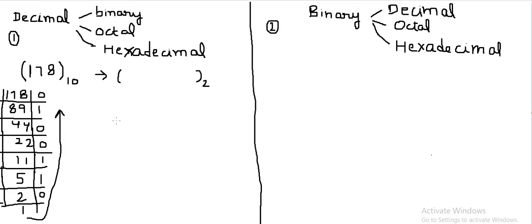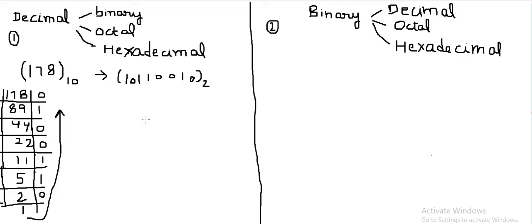So first is 1, then 0 1 1 0 0 1 0. In that way we got this number as a binary number, and this 2 is the radix or base. So 178 is now converted into the binary number 10110010.